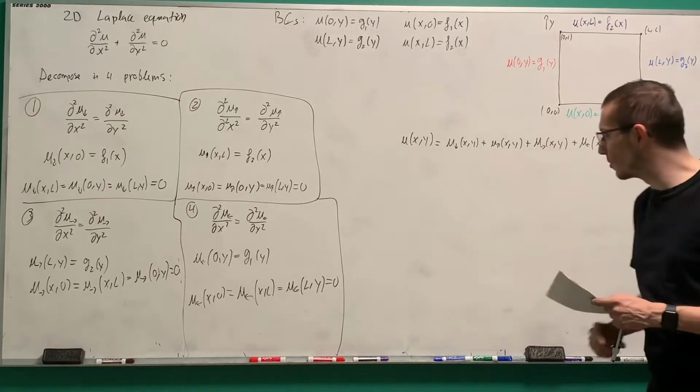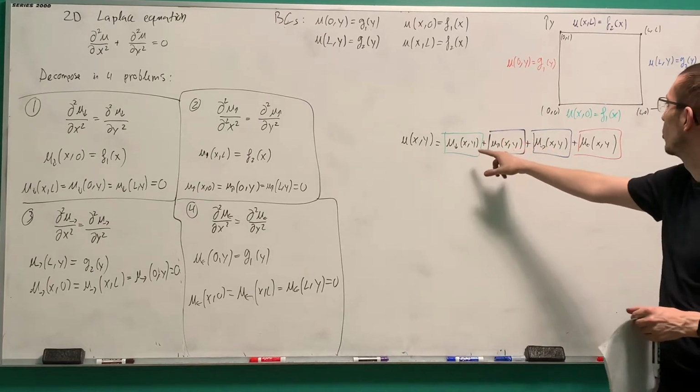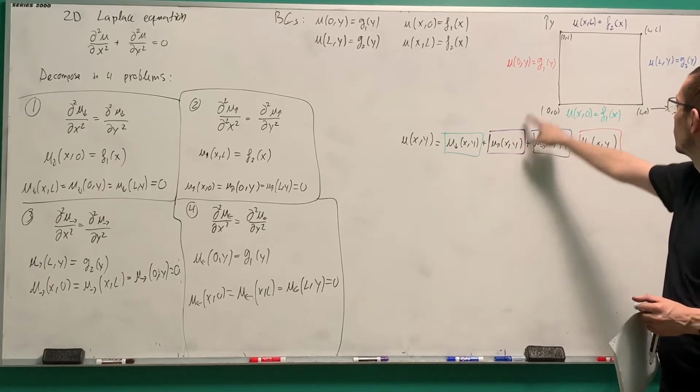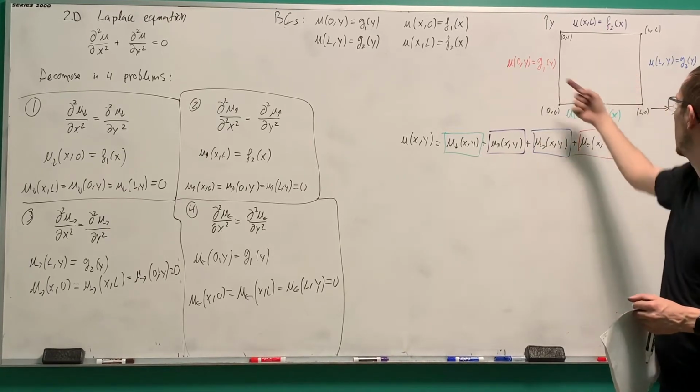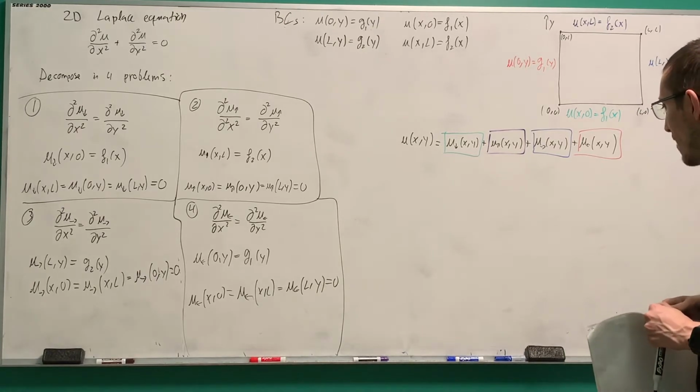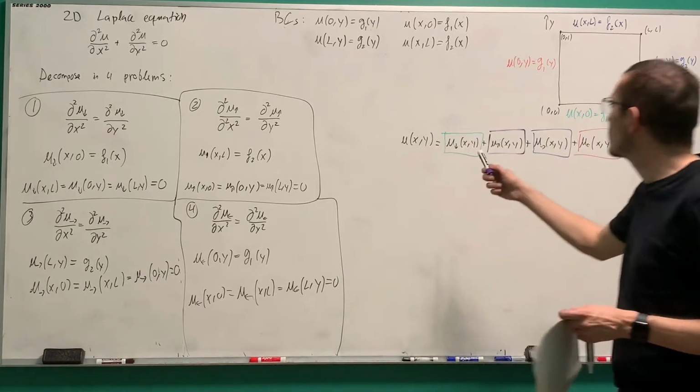Let me color code it. I associate a color: u down is associated with having the homogeneity down, purple up, blue right, and red left.